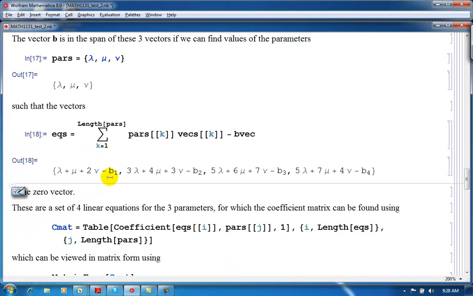And anyway, so this is a set of 4 linear equations for the three parameters, lambda, mu, and nu.